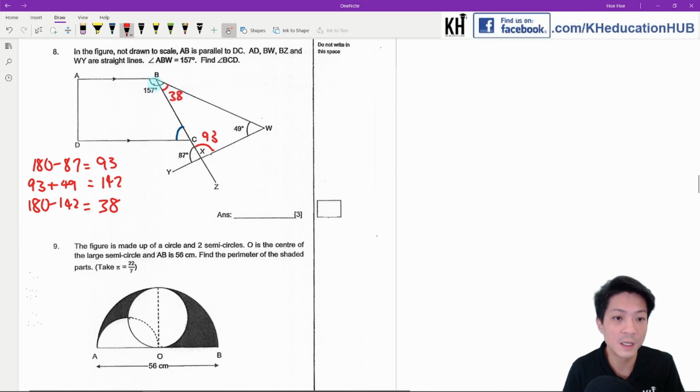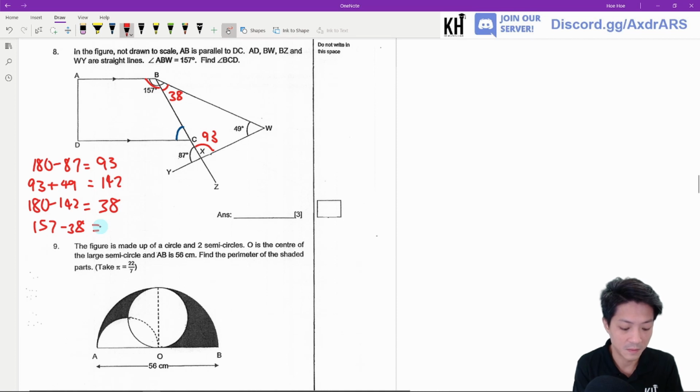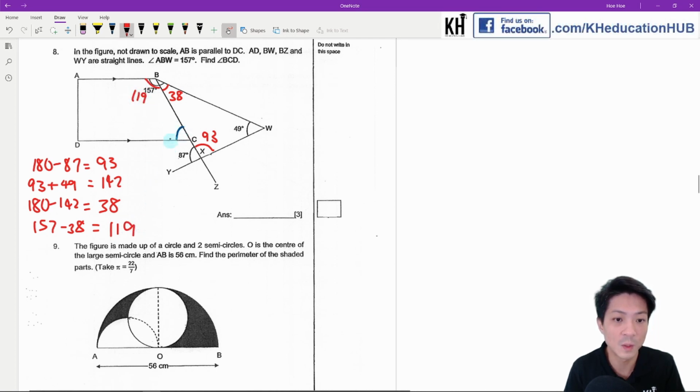Okay, if this is 38, then I know that this angle over here is 157 minus 38. Gonna give me 119. This is 119. Okay, if this is 119, then we can get the answer. The answer will be 180 minus 119. Okay, which will be 61.